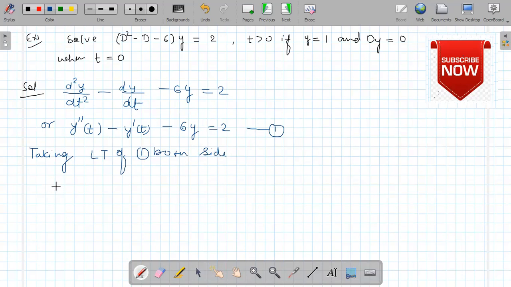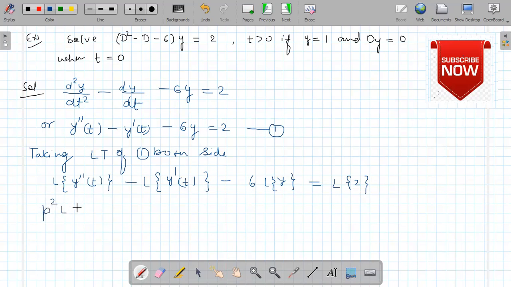Let me first write it for the whole equation. L of y double dash t minus L of y dash t minus 6 L of y is equal to L of 2. L of y double dash, if you remember, is p square Laplace of y(t) minus p y(0) minus y dash(0). You have to remember all the formulas.